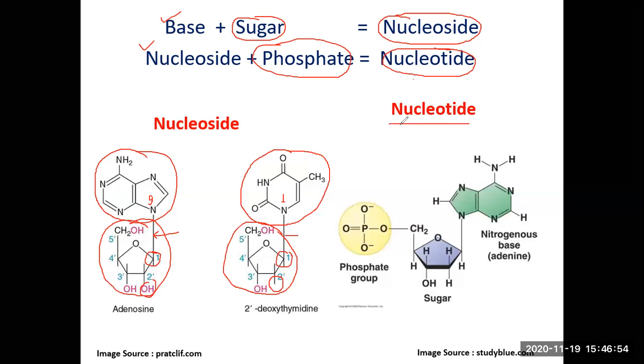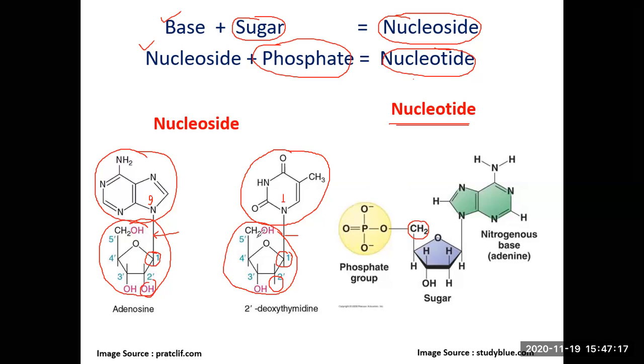And what are nucleotides? Nucleotides are phosphate esters of nucleosides. And in most commonly occurring nucleotides, the common site of esterification of the phosphate group is carbon number 5, C5 of the sugar.